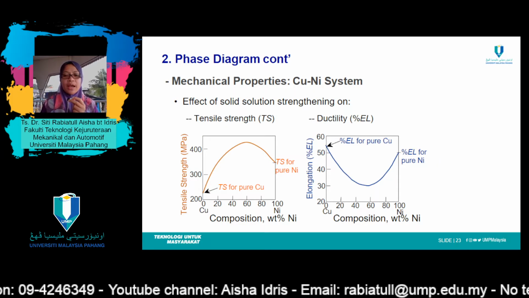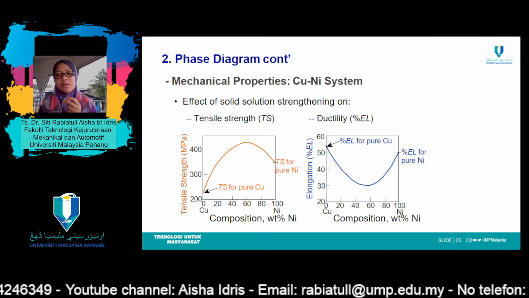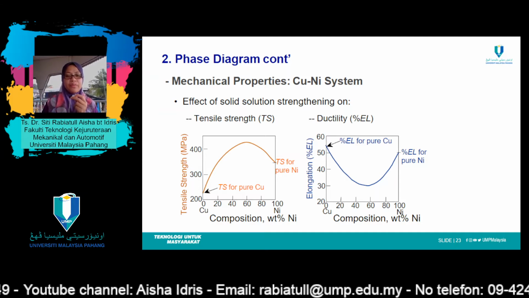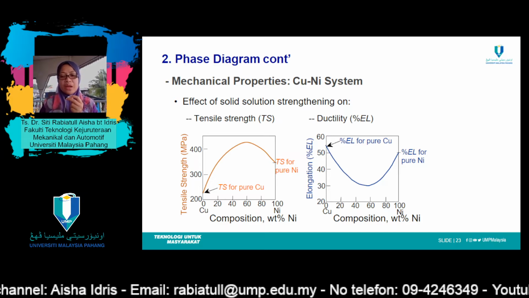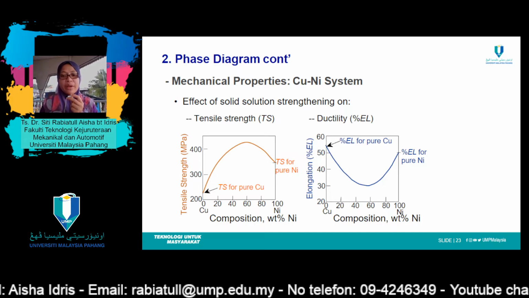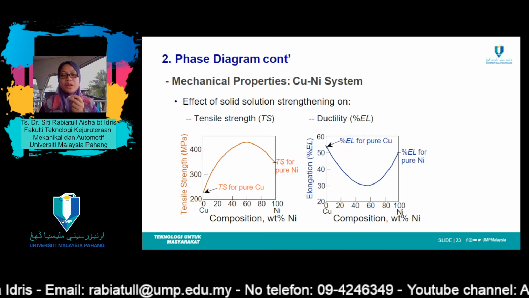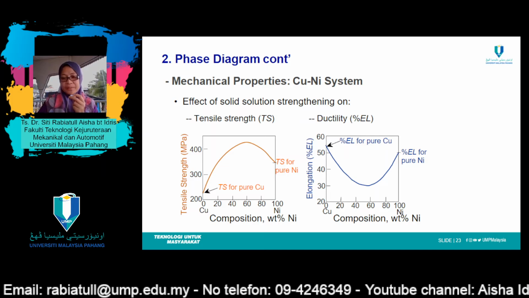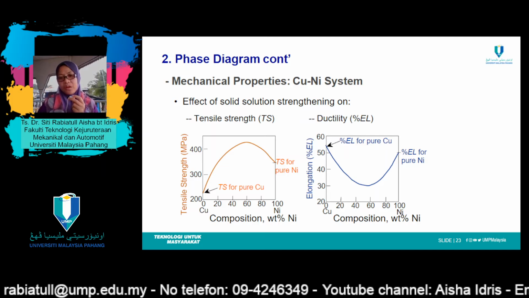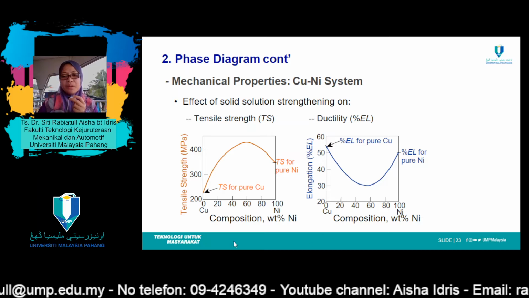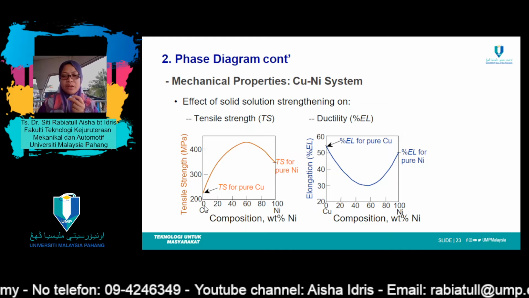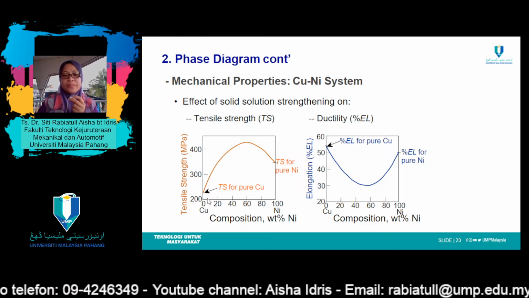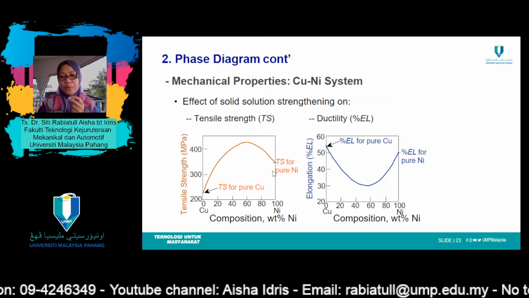I did mention these things just now by taking the example of copper and nickel. The properties like tensile strength and elongation may change due to the structure. For this case, for example, at 0% nickel, this one is pure copper and this one is pure nickel.